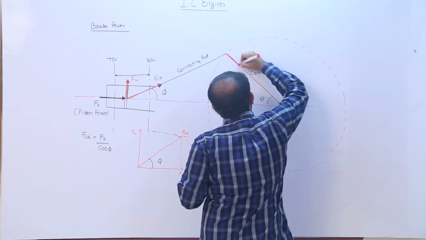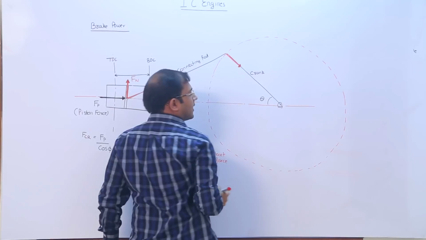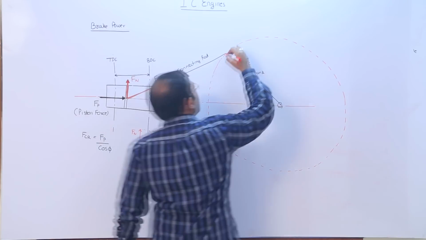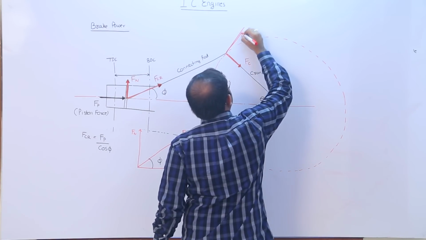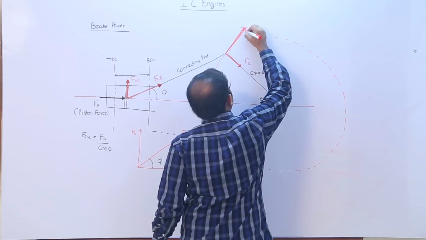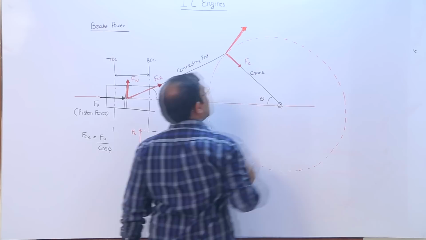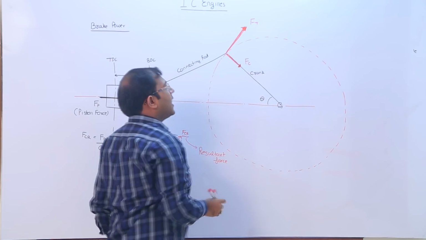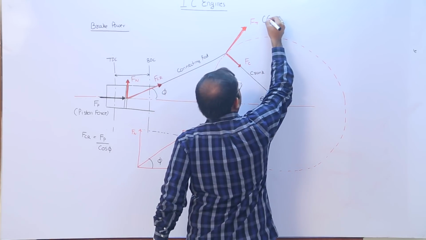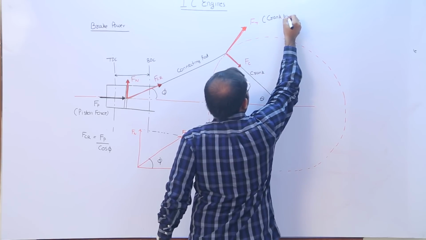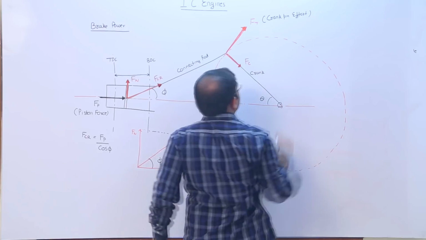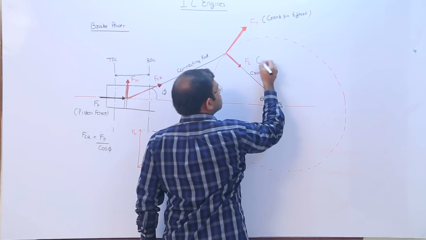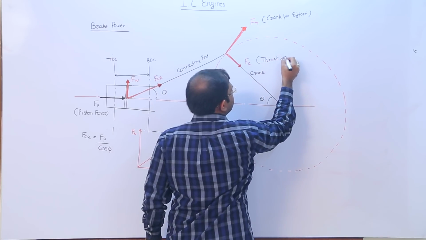One of its component will act along the crank, and that force is simply known as your Fc, and one of the component will act tangentially, and this force is known as your Ft, and this force is sometimes also referred as your crank pin effort, and this force Fc, force acting along the crank, is sometimes also referred as your thrust force.